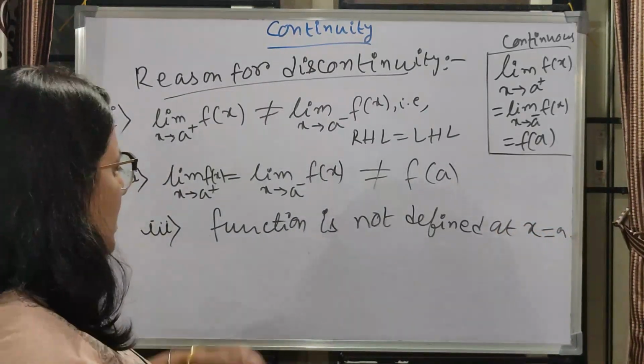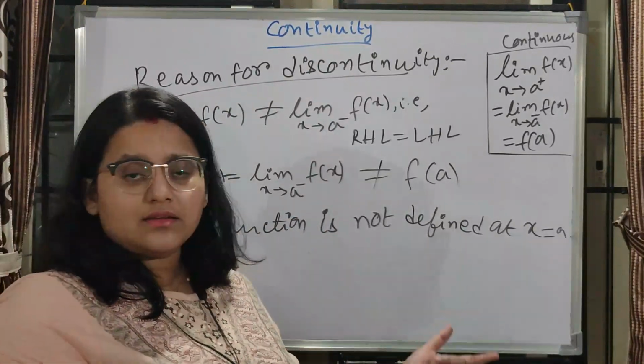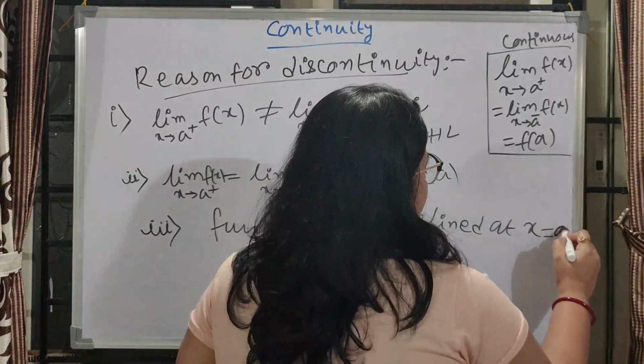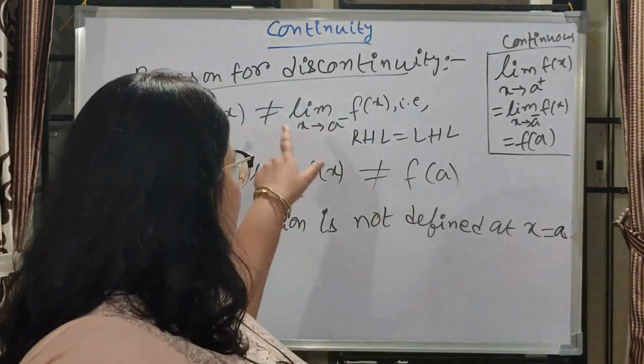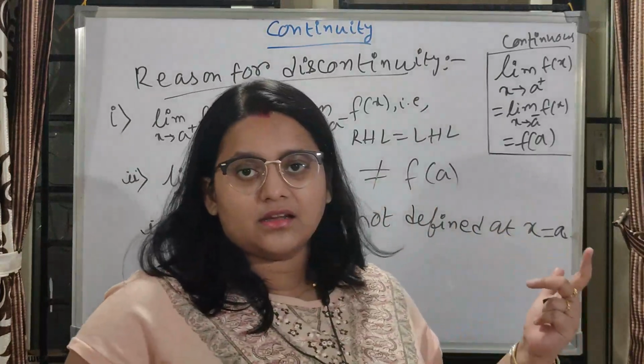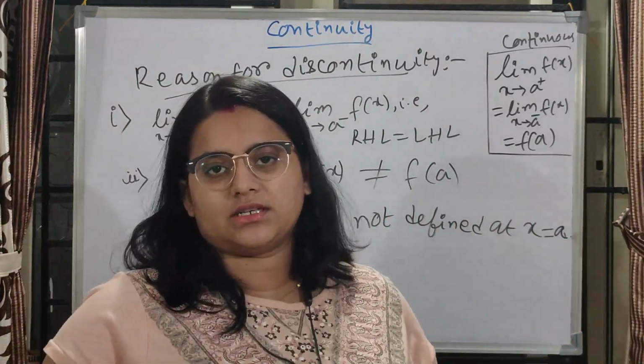Okay, these three are the types of discontinuities. If any one of these three holds for any function at x equal to a, then the function will be discontinuous.